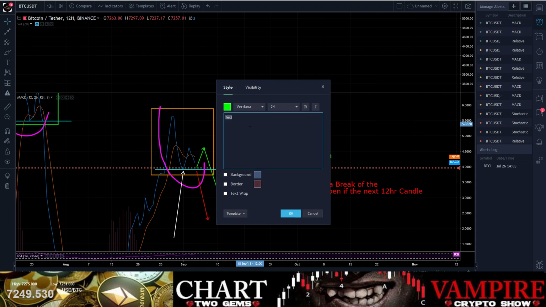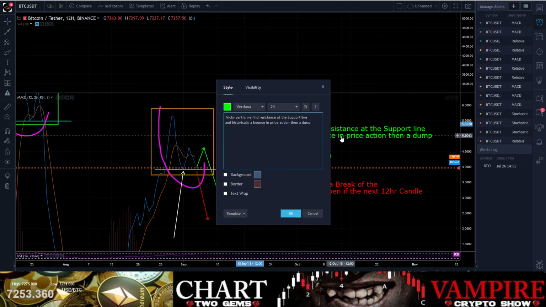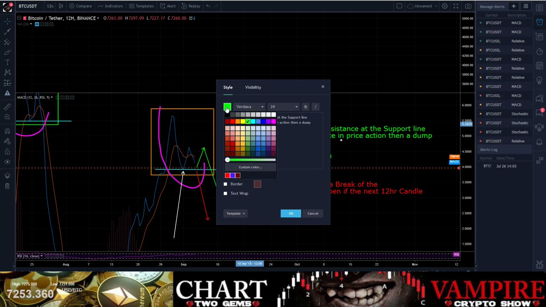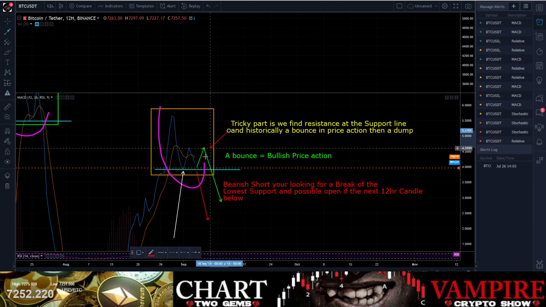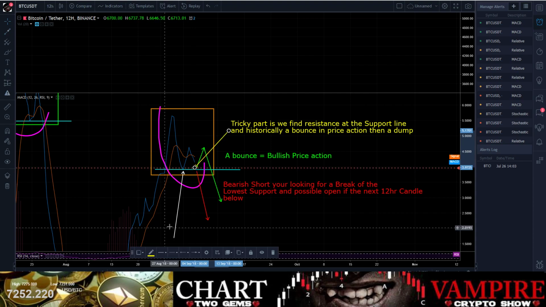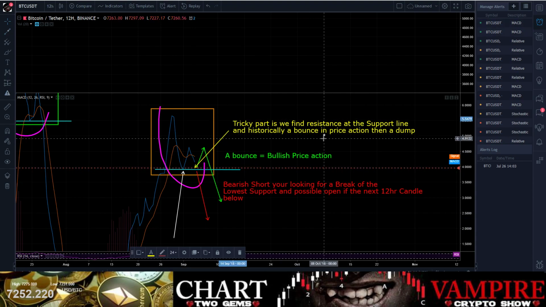So the tricky part is that when this finds this support right here, you get a bounce in the price action.